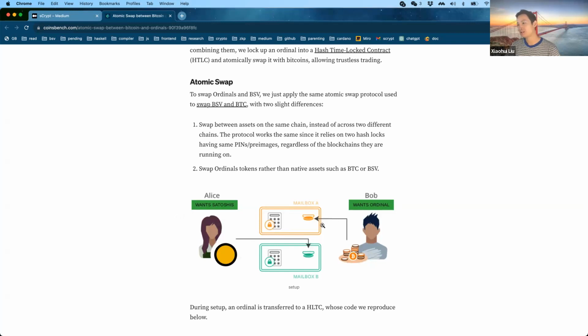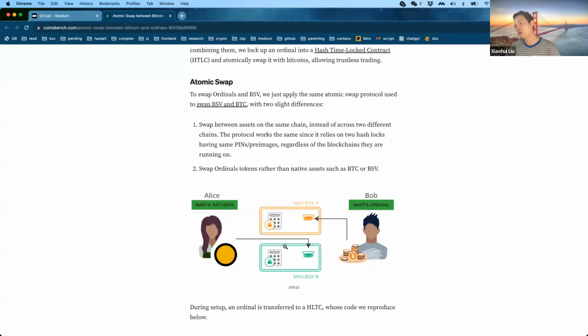So basically, it's like you place coins in a lockbox, and the lockboxes have the same pin word. The pin is the so-called hash pre-image, and if you make sure the locks have the same kind of passcode, meaning they have the same hash, then if you open one box, you give out the secret to open another box.